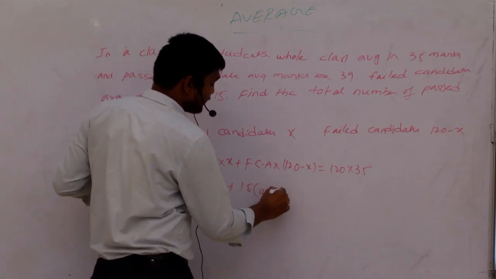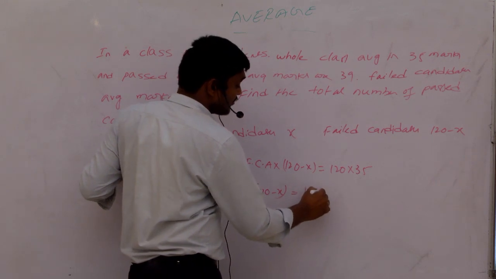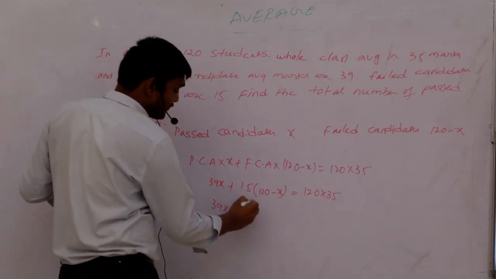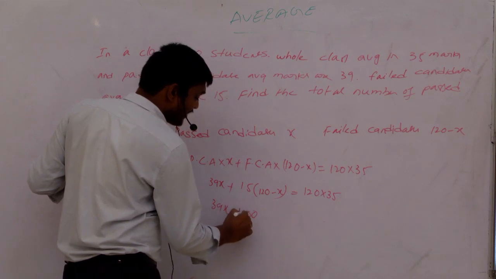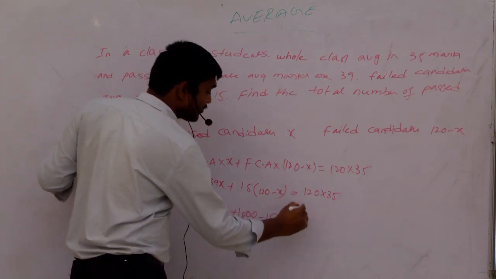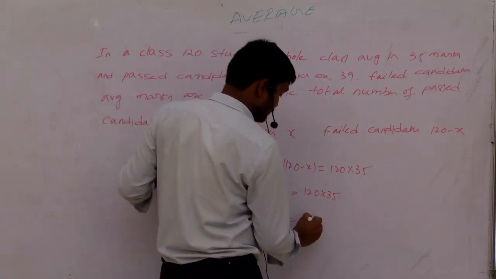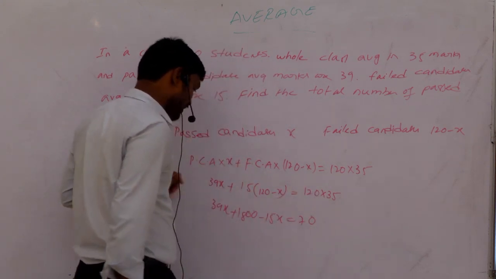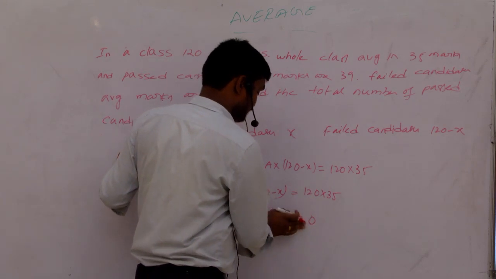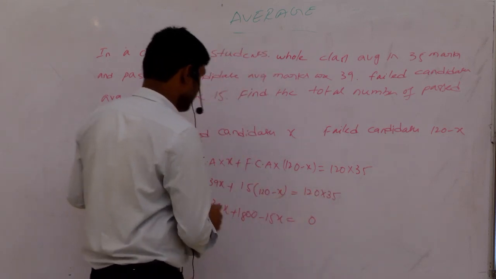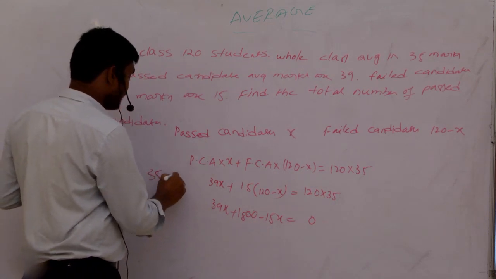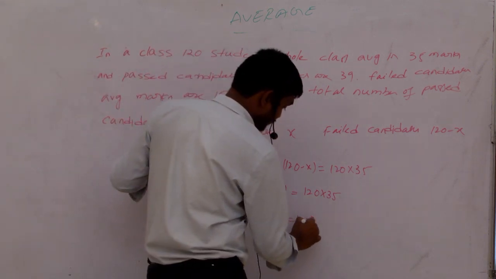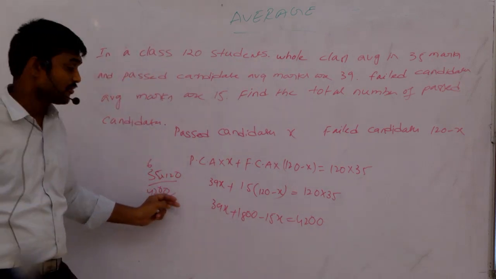So 15 into 120 minus x. The total class of 120 has average 35.